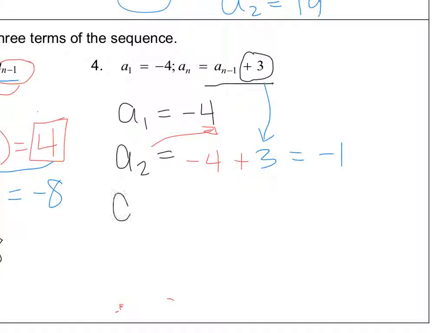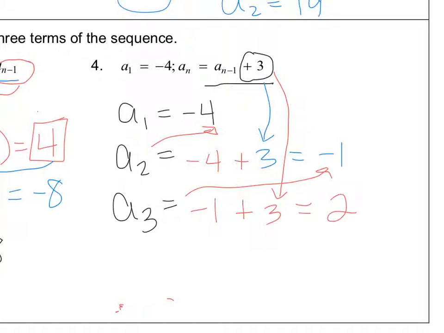Now let's do a sub 3. So again, I have to take the term before. So I'm going to take this negative 1 plus, and again, I'm taking what we're adding to it. So negative 1 plus 3 is positive 2.